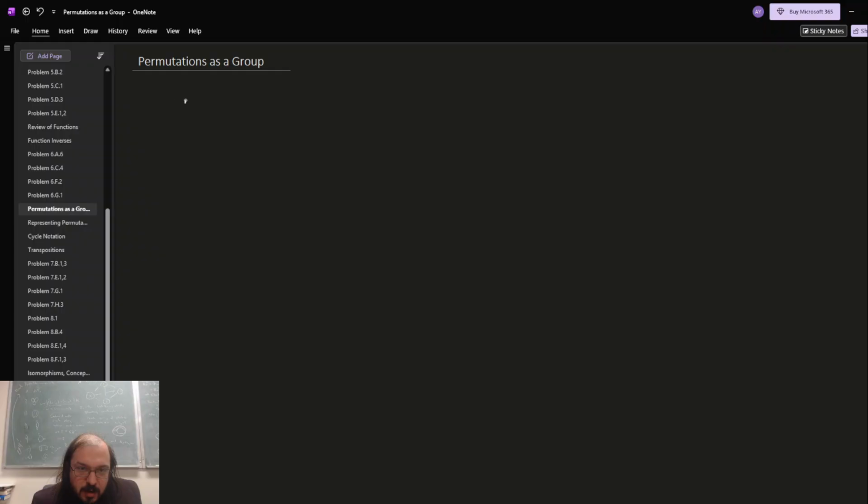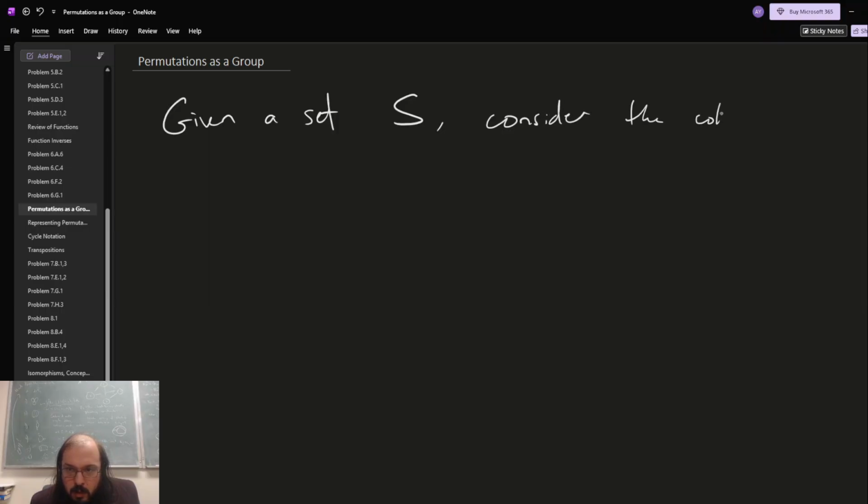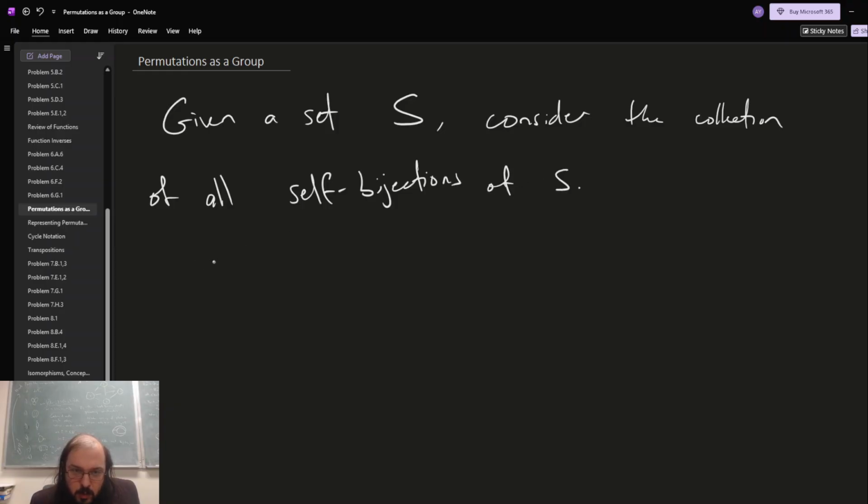So given a set, which maybe we'll call S for set, consider the collection of all self-bijections of S. In other words, we're saying the set of all functions f from S to S, where f is a bijection.